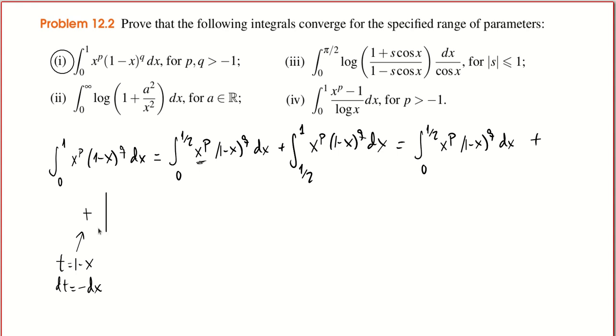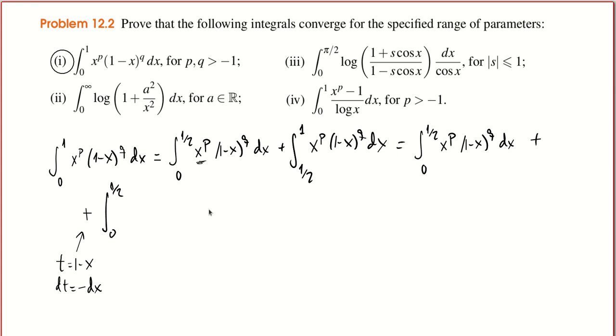And the limits of integration are, for this one, x is equal to 1, so t is equal to 0. So the lower limit is going to be 0. We're putting the upper in the lower because of this minus here, to compensate for this minus. And for the other limit, x equal to 1/2, so t is 1/2, so what we have is this.